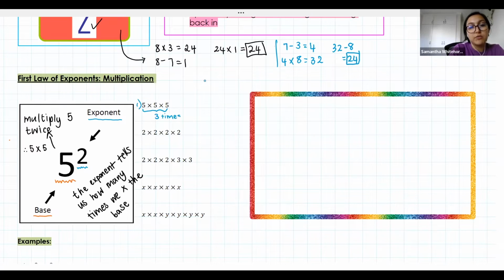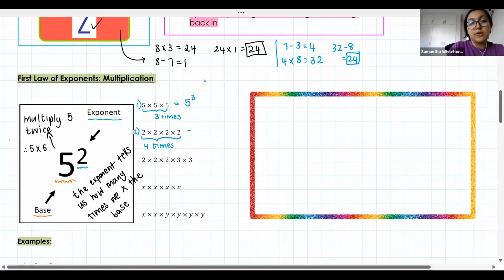And so if I want to write this as an exponent, this would be 5 to the power of 3, because I'm multiplying that base 5 3 times. If I look at my second example here, where I've got all these 2's listed, I can see that I've got 4 2's, so I'm multiplying 2 4 times. And so in exponential form, or if I want to write this as an exponent, I've got 2 to the power 4.